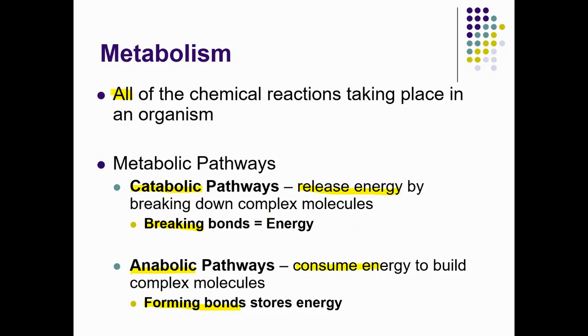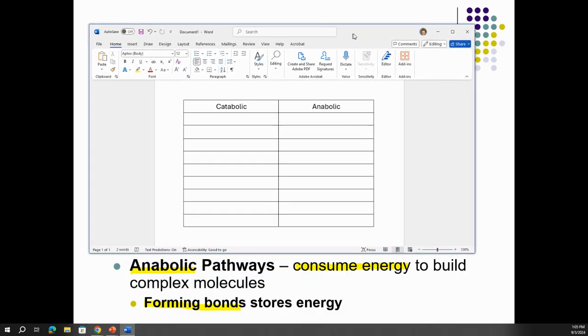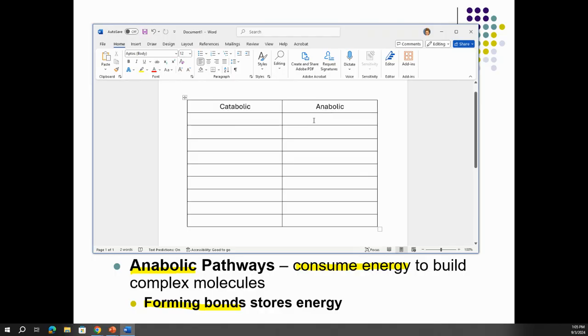And so what we're going to do is we're going to kind of keep a running list here. Somewhere on your note paper, I want you to create a T-chart. It can be anywhere. But as we go through this metabolism part one, we're going to find that there's a lot of pairs that can kind of fit under one of these two categories.